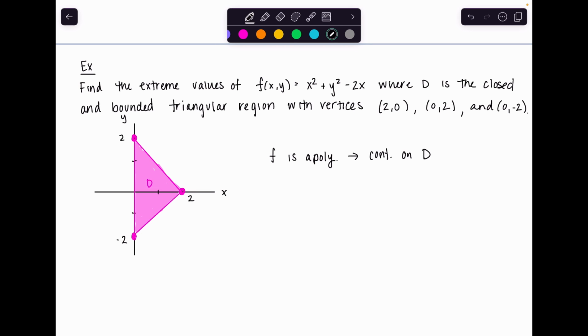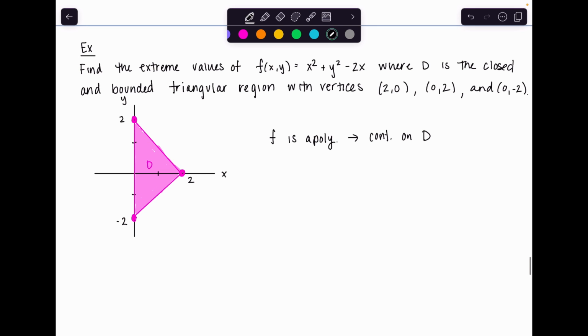Okay. So I want to start by finding my critical points inside of D. So I need those partials to equal 0.